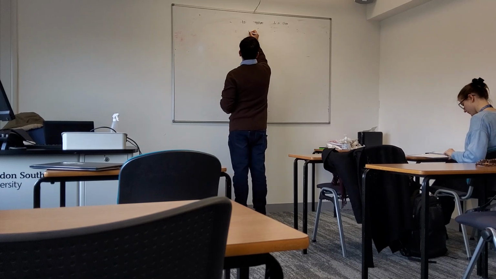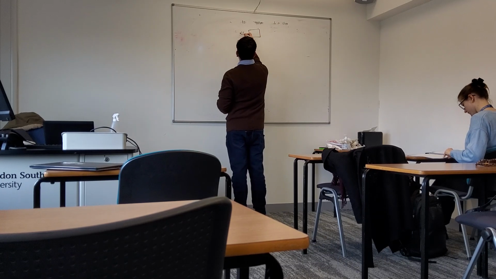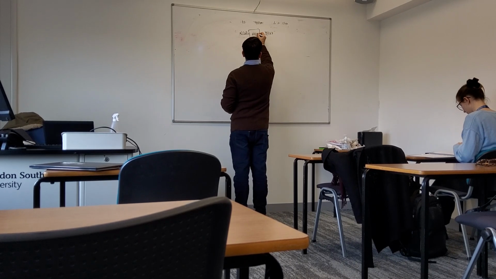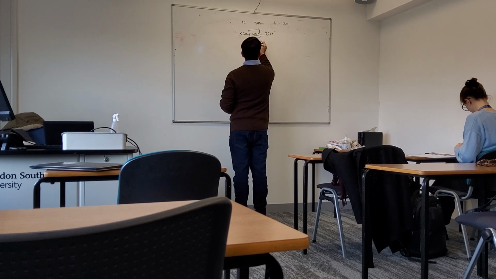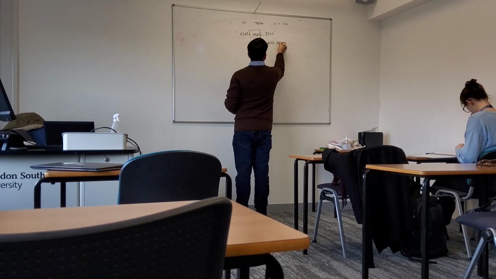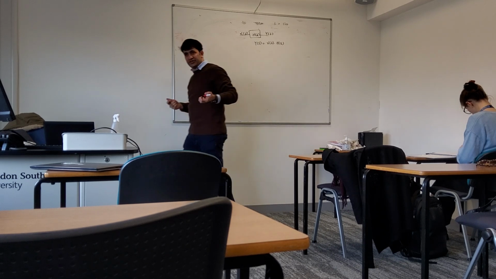So we just said that if we have X of s and Y of s, we can say that Y of s is equal to X of s times H of s. This we know in the frequency domain, right?